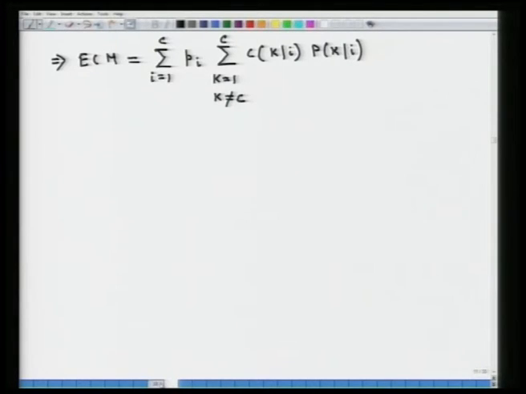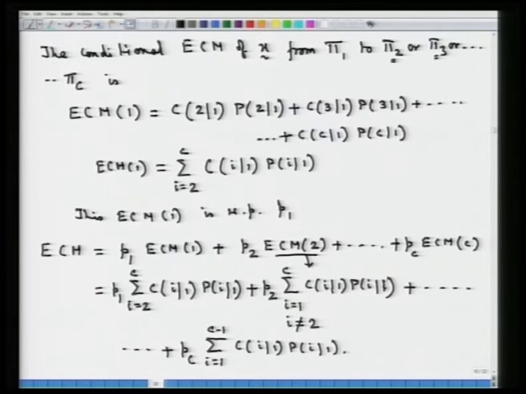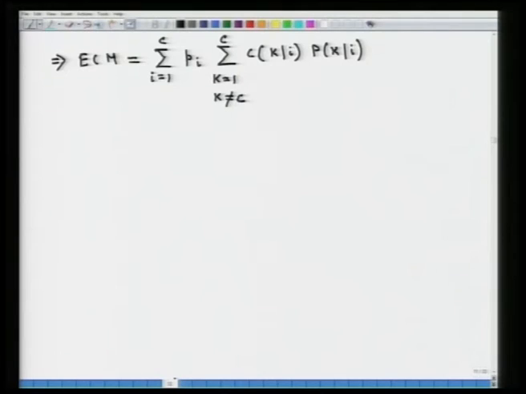That is basically the term that we have out here. So the summation is over i for these terms here, and then the summation over k equal to 1 to c with k not equal to i, because the outer sum here is i. So if we have p1, then this sum has k not equal to 1.